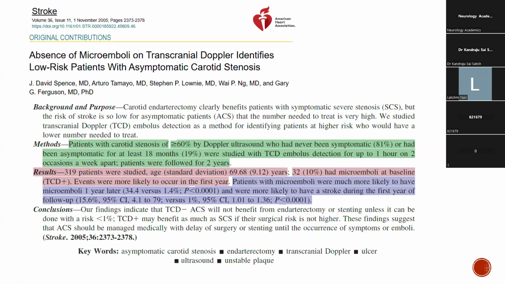This study by David Spence et al. showed that patients with microemboli were much more likely to have microemboli 1 year later, and were more likely to have a stroke during the first 1 year of follow-up.